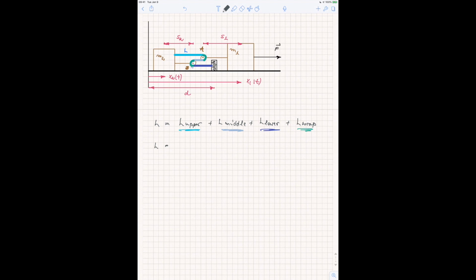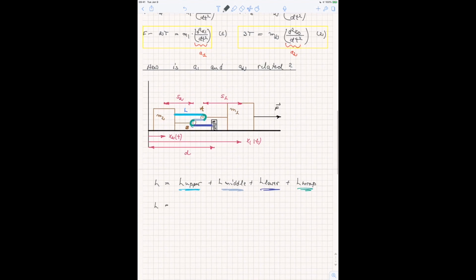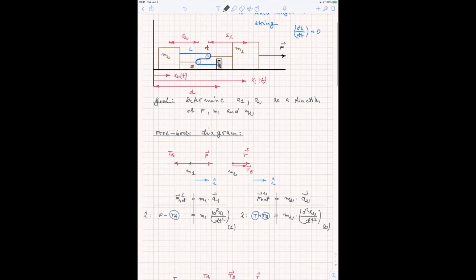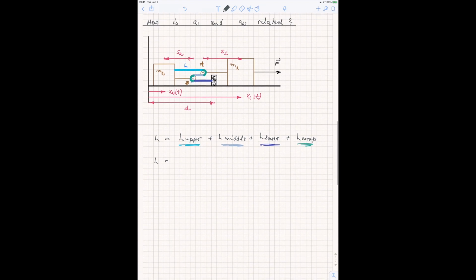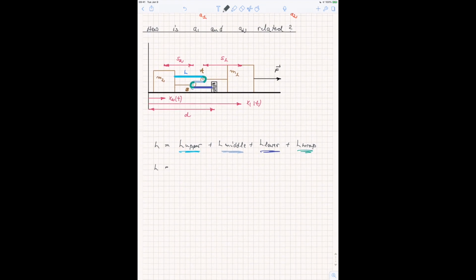I will wipe this off here, but let me use a different color, red, just to indicate what I'm doing here. The length x1 here goes really up to this point here.